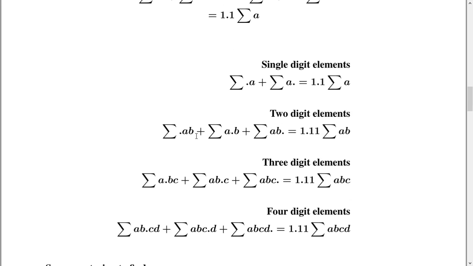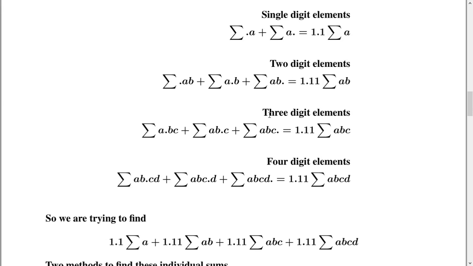Summation of point AB is 0.01 times summation of AB, and this is 0.1 times summation of AB, and this is summation of AB. So it is 1 plus 0.1 plus 0.01, which is 1.11 times summation of AB. Similarly, the sum of all the 3-digit elements would be 1.11 times summation of ABC, and 4-digit elements would be this.